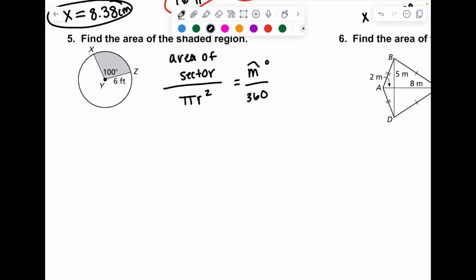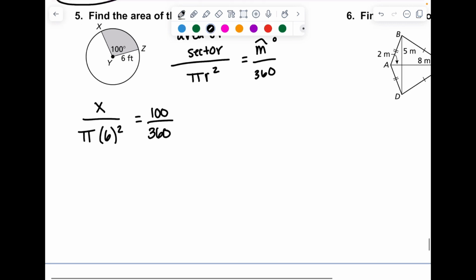So the area of the sector is our unknown, that's where we're gonna put our x, over pi r squared. Now r is your radius. Our radius happens to be 6 feet. And that's equal to our measure, which is 100, over 360.